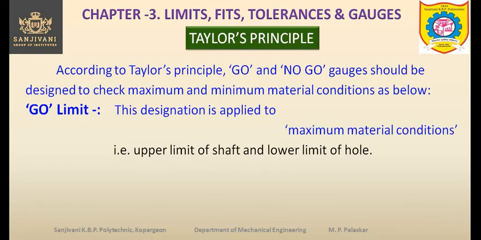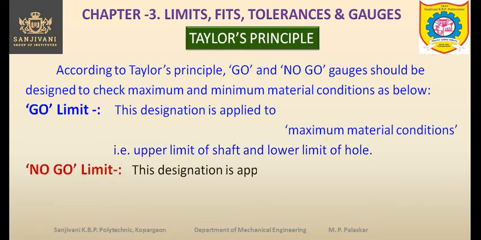Maximum material means the shaft has maximum size and the hole has minimum size. When the hole is of minimum size, the material will be maximum, and if the shaft has maximum size, then automatically the material will be maximum.